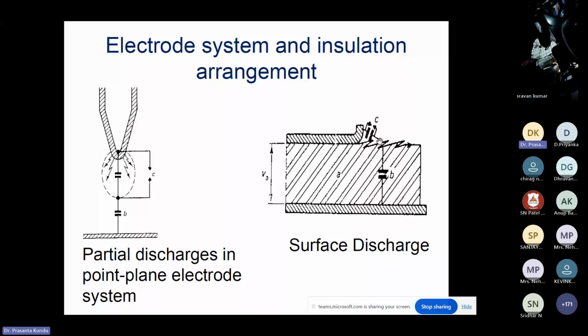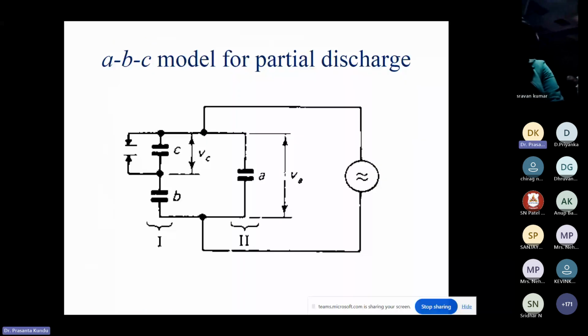But if it is in between the conductors, then we call it void discharge. Whatever the case of partial discharge, whether corona, surface or void, we can model the partial discharges for analysis or understanding with the ABC model parameters.